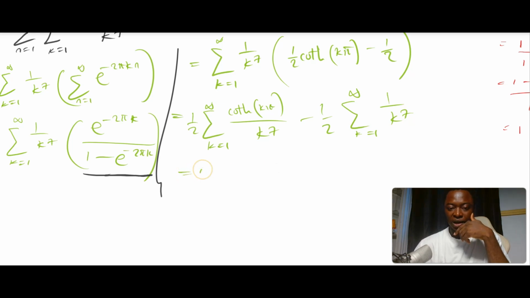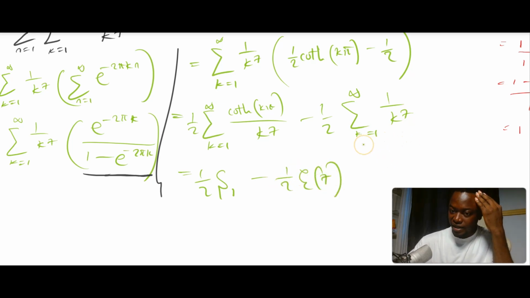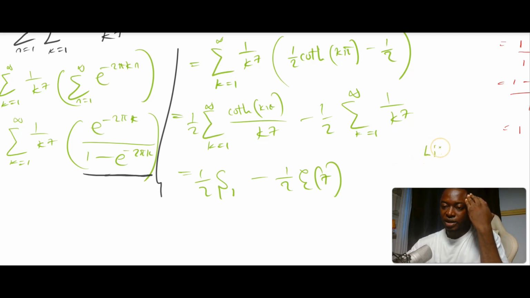And that would be half of, let's call it S of 1, minus 1 over 2 zeta of 7, because this is how we define the polylogarithms: the polylogarithm of order n evaluated at 1 is going to be zeta of n. We already discussed this.